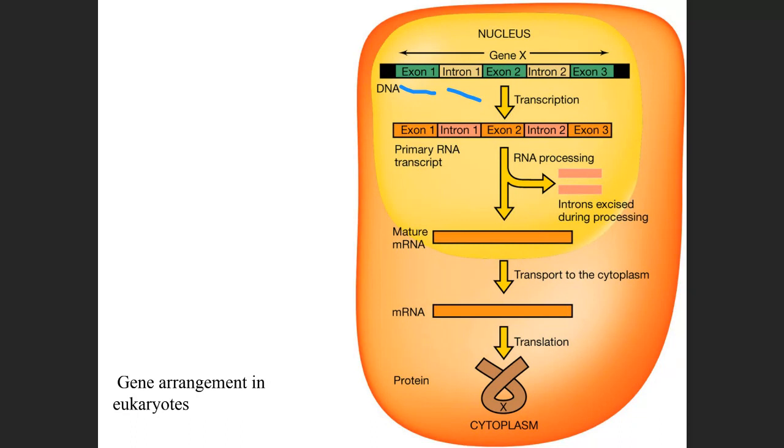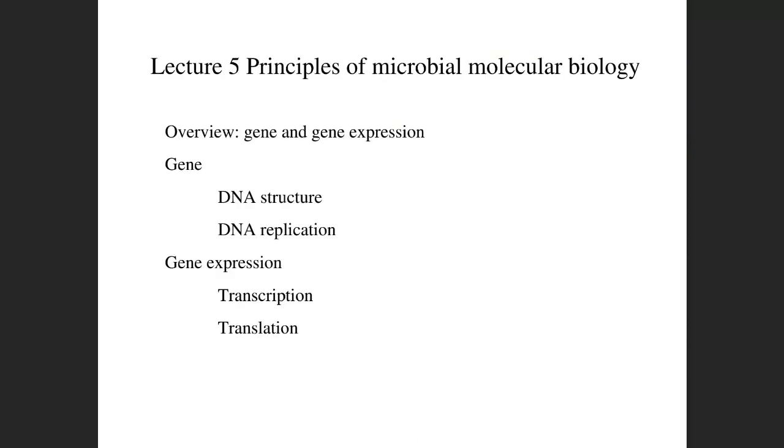Then you have a mature mRNA, and the mature mRNA gets transported to the cytoplasm and then gets translated, and the protein gets made. All right, and so that's usually the difference. So the intron is something that's unique to the eukaryotes.